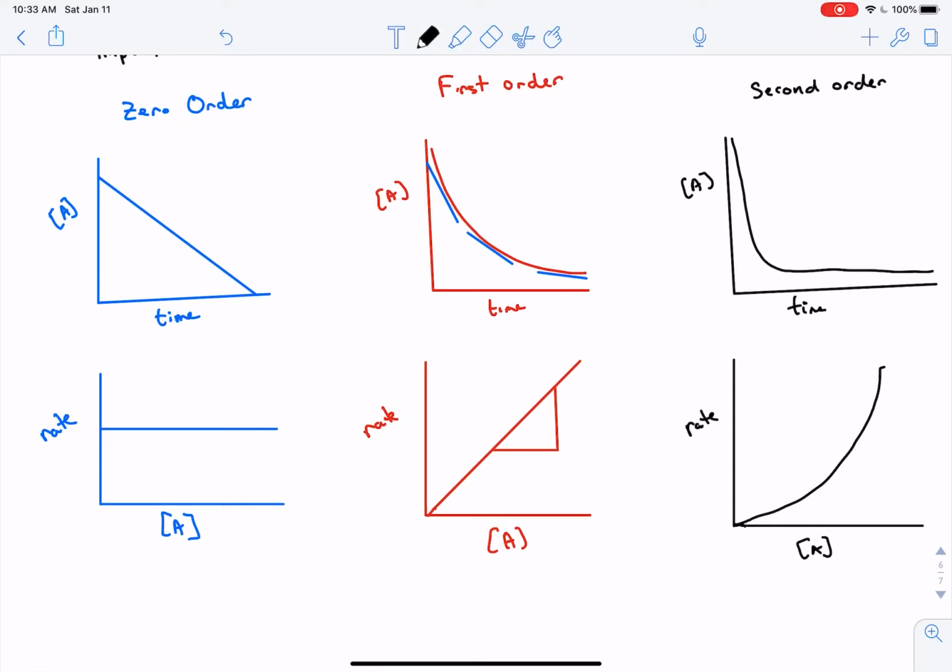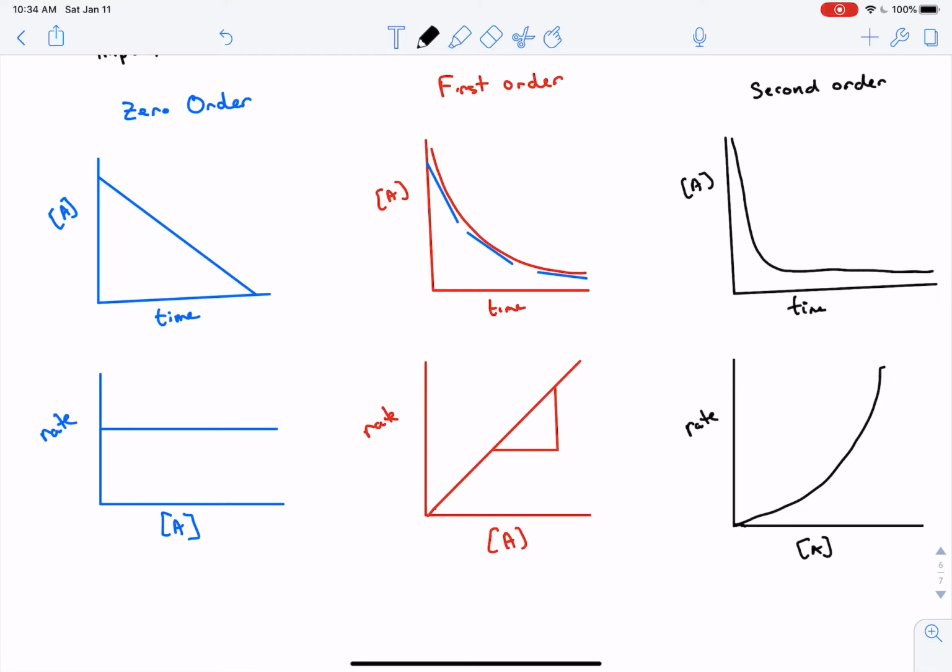Okay? And to figure out the rate based on that graph, you have to take the slope of that graph. The second graph is, I want you to take the slope of that graph at every concentration and then plot those points on a graph. So I've changed the axes there. And there is a differentiation between these, and you have to know all 6 of these graphs.